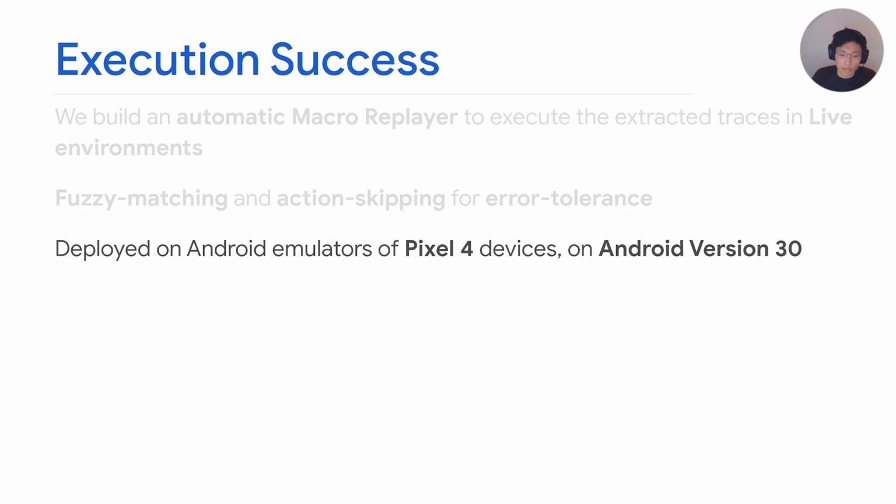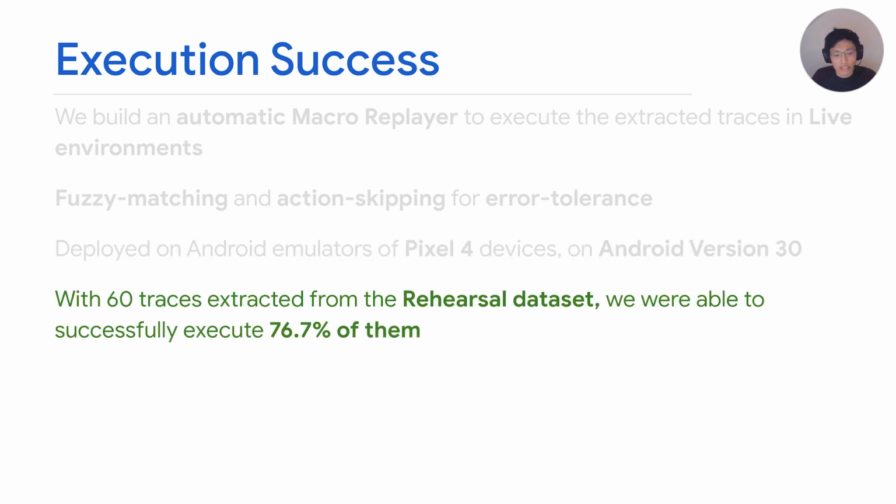We deployed the replayer as Android emulators of Pixel 4 devices and run Android version 30 on them. We randomly sample 60 traces from the rehearsal dataset, and we are able to successfully execute 76.7% of them, which shows the vast majority of our extracted macros are valid and could be useful for the important application of UI automation.